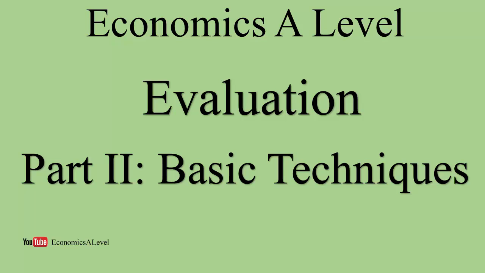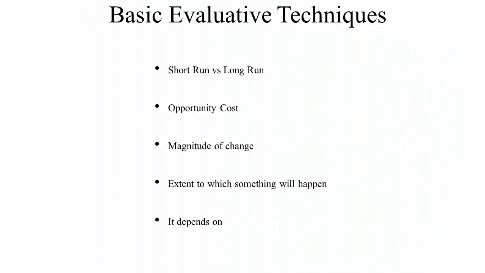This is part 2 of 4 videos on evaluation, and this part is going to look at basic evaluative techniques. At the end of part 1, the last video on evaluation, we introduced the basic evaluative techniques.